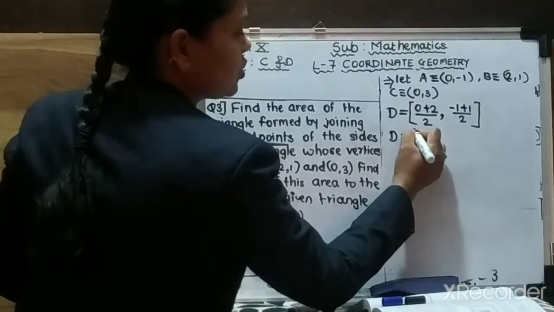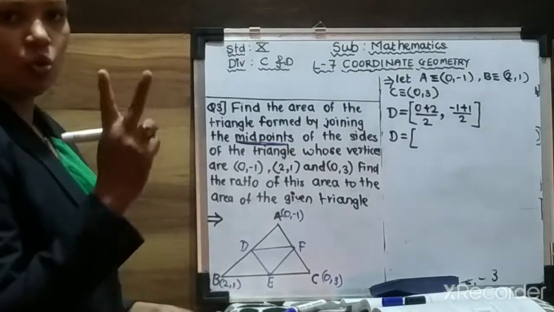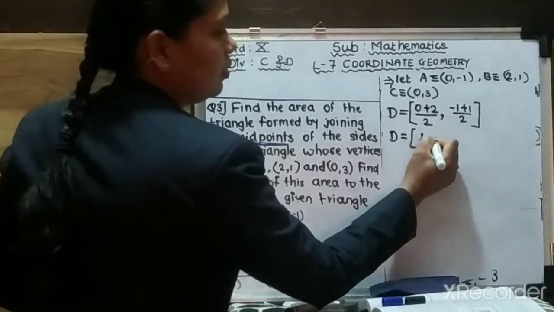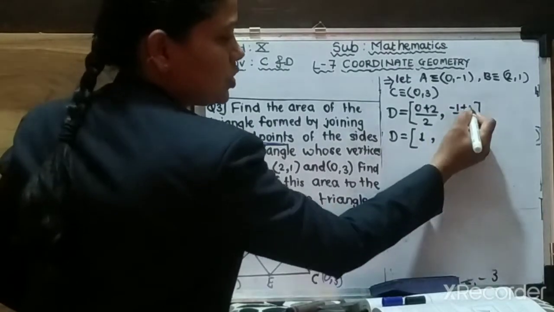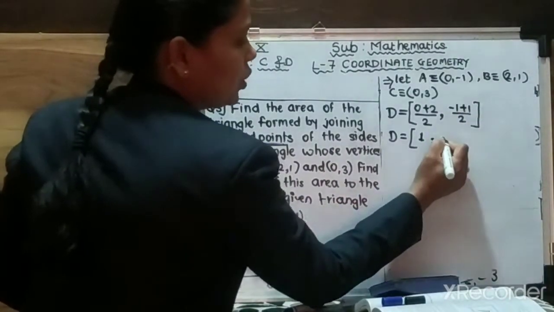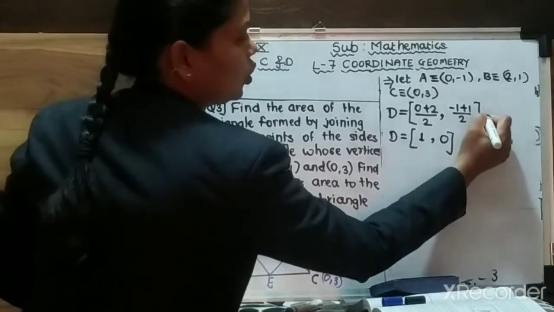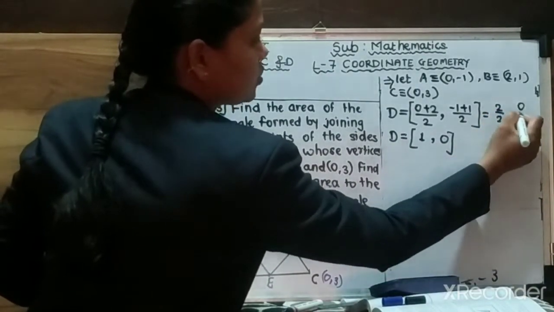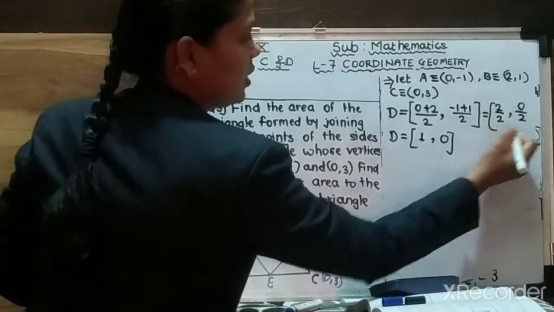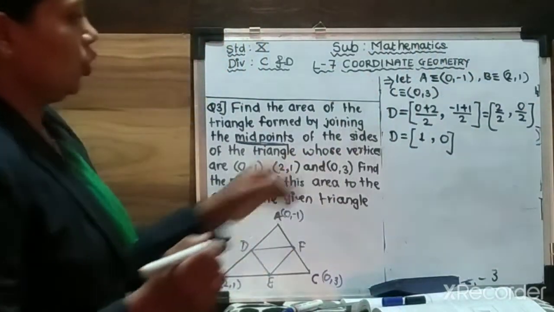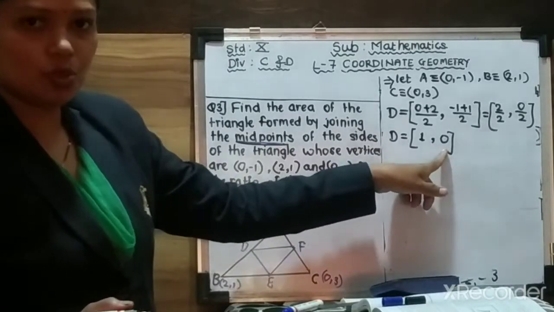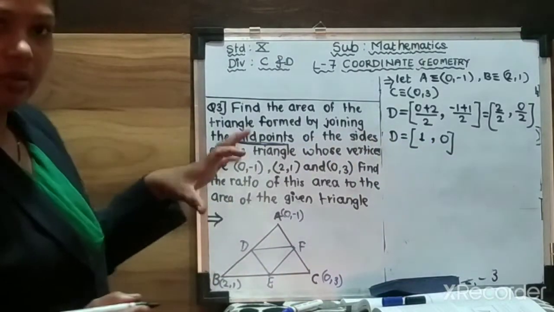D equals 0 plus 2 is 2, 2 divided by 2 is 1. Then minus 1 plus 1 is 0 and 0 divided by 2 is 0. So D we got (1, 0). Understood this one? It is clearly given as midpoint. That's why.